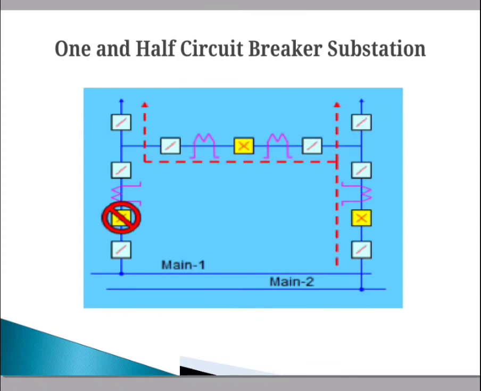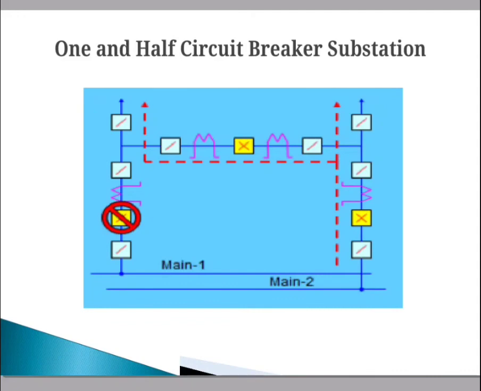The next one is the 1.5 circuit breaker substation. We have to show the layout of the 1.5 circuit breaker substation here. It is not common because of its high cost and the complex technologies involved in its operation and maintenance. There are different characteristics of the 1.5 circuit breaker layout.